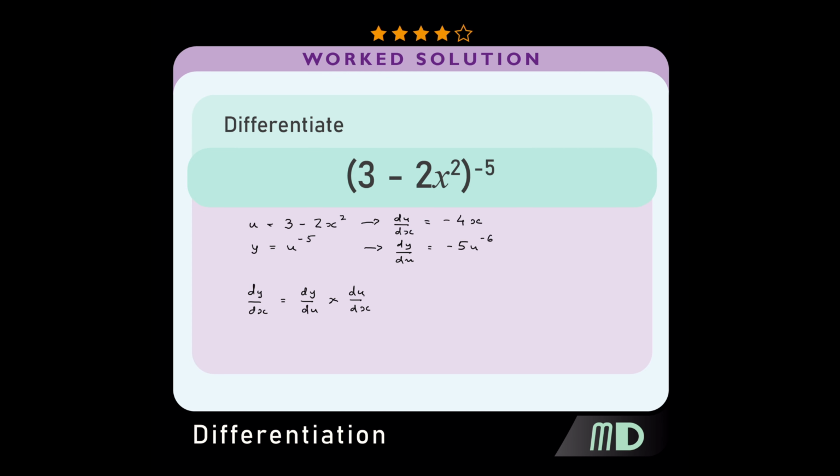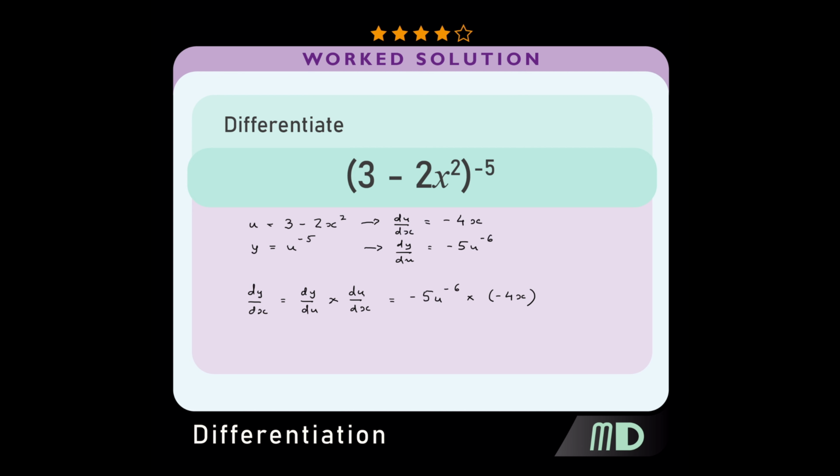We can substitute the values we've just found for dy by du and du by dx, giving us minus 5u to the power of minus 6 multiplied by minus 4x.